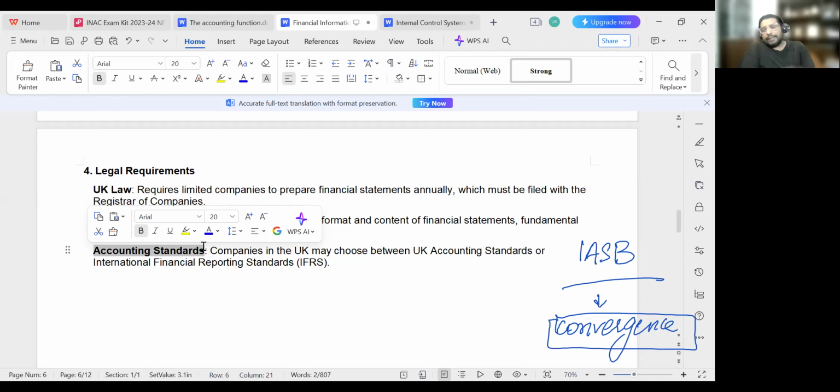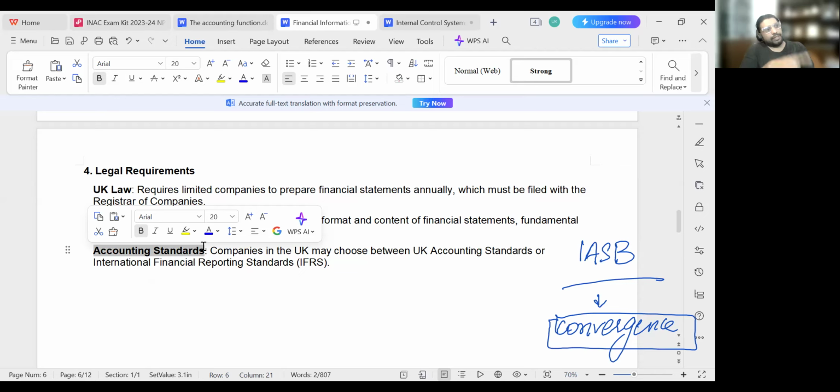So this is how the IASB, International Accounting Standards Board, is trying to bring convergence between the generally accepted accounting principles of countries and the standards they are issuing.